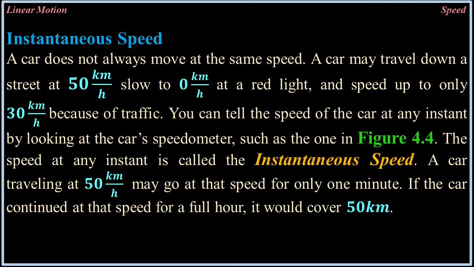The speed at any instant is called the instantaneous speed. A car traveling at 50 kilometers per hour may go at that speed for only a minute. If the car continued at that speed for a full hour, it would cover 50 kilometers.